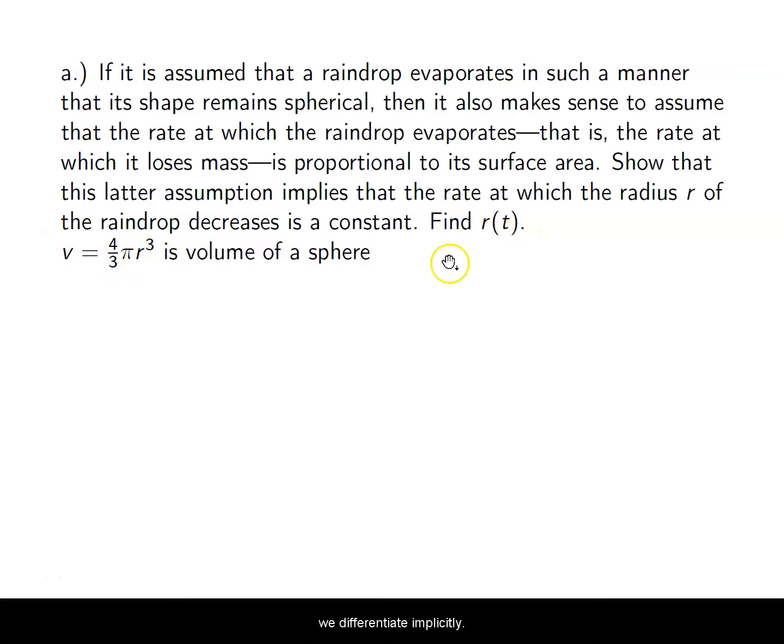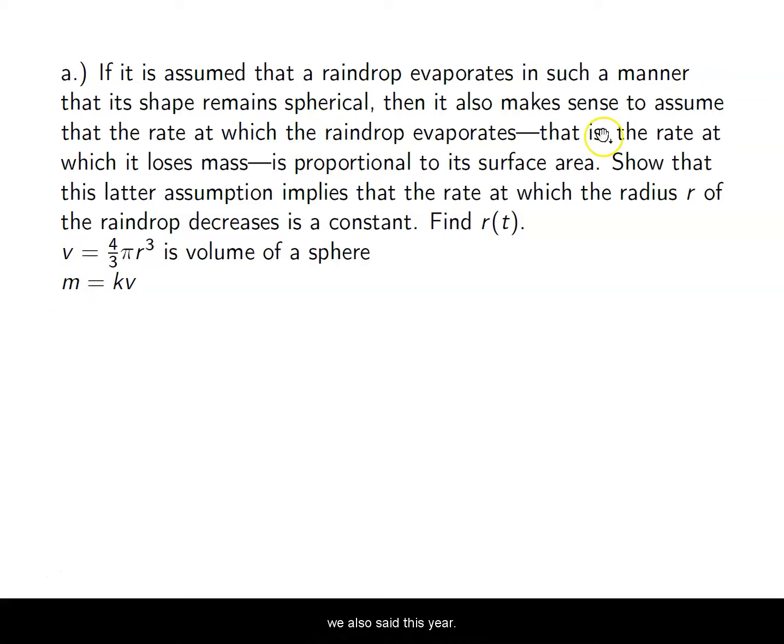Mass is k times v, so this is a constant multiple of its volume. If its volume is large, then its mass is large. If its volume is small, then its mass is going to be smaller.